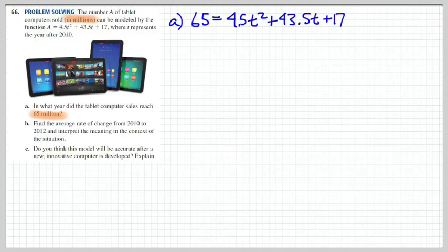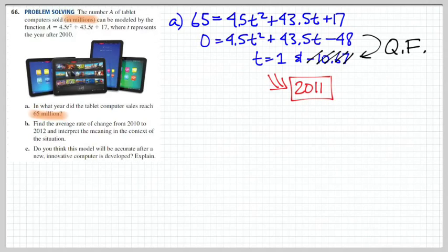Okay, this next problem here. I'm going to start off by just setting this equation to 65 to find out at what point of time we sell 65 million of these tablets. You know, we're dealing with millions here, so 65 million, I just plug in 65 here.